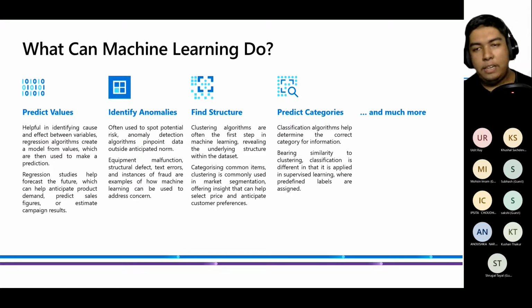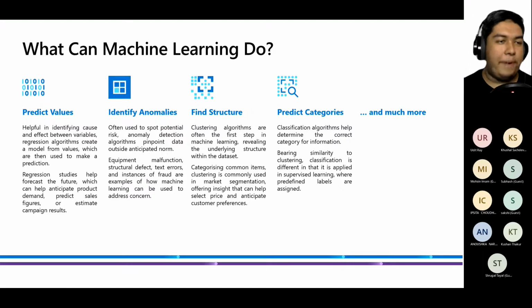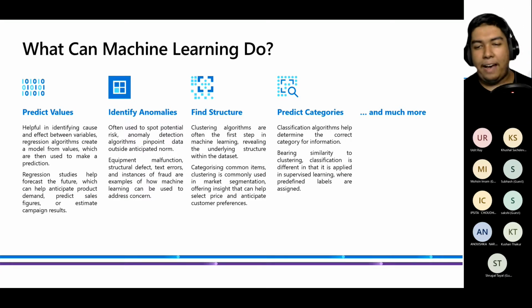And what can machine learning do with all of these techniques and whatever we will be talking about for the next 1.5 hours? You can predict values. If you have stock data of all the stock listings, you can predict what the stock price will be after a certain amount of time, or what the temperature will be tomorrow, by using trends.